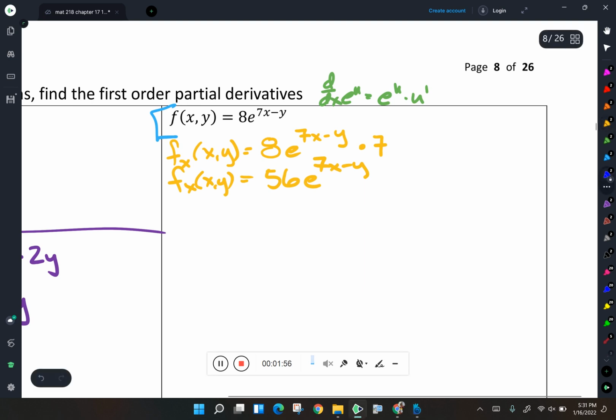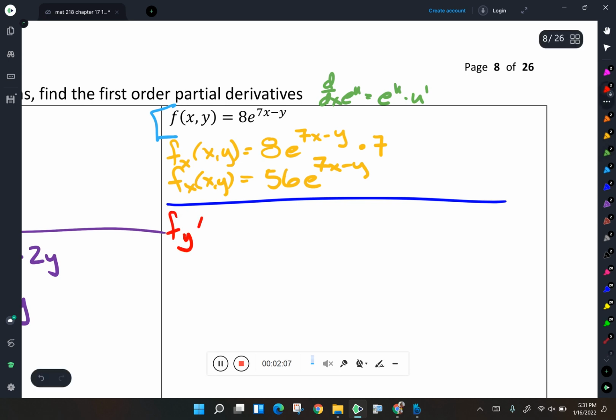Let's go ahead and then do the partial with respect to y. The first order partial with respect to y. 8's a coefficient, e to the u times the partial of u with respect to y.